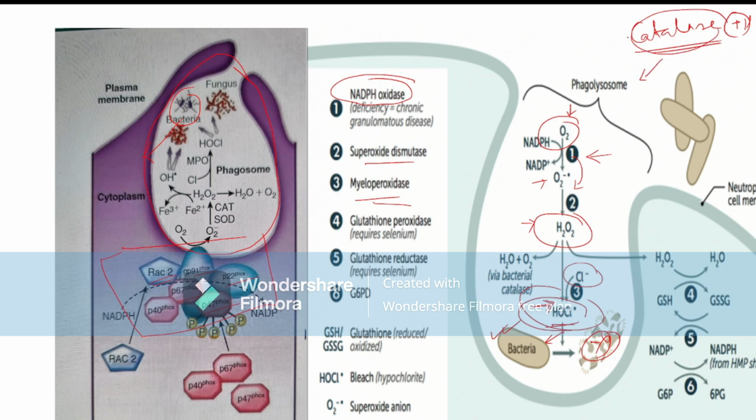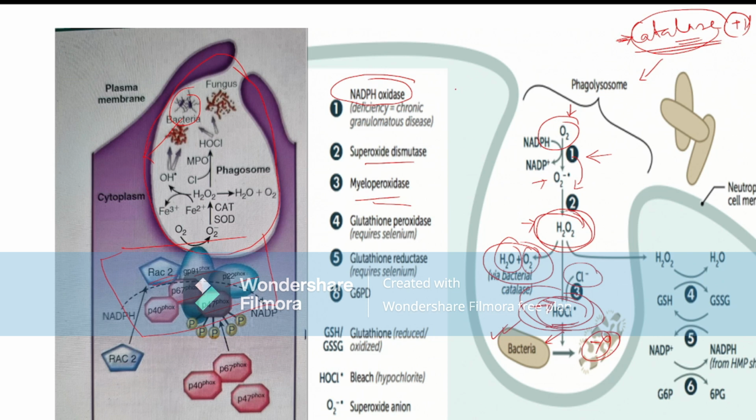What is done by the catalase enzyme? This catalase enzyme converts H2O2 to H2O and oxygen, and the neutrophil cannot produce the HOCl, that means hypochlorite. So if the catalase enzyme is positive for any bacteria, then this pathway is also hampered.